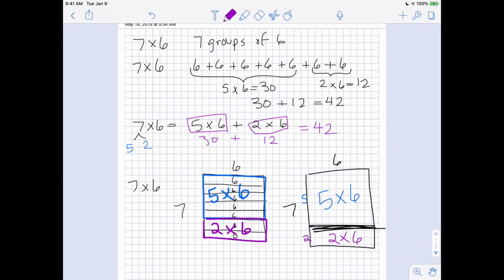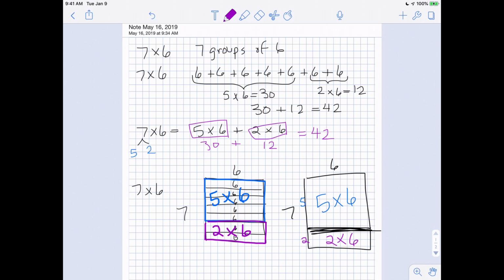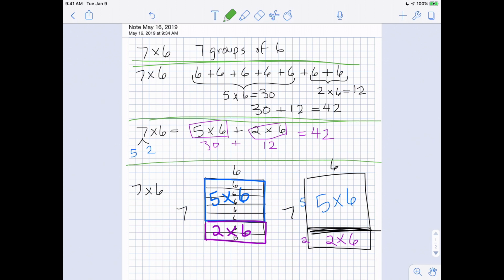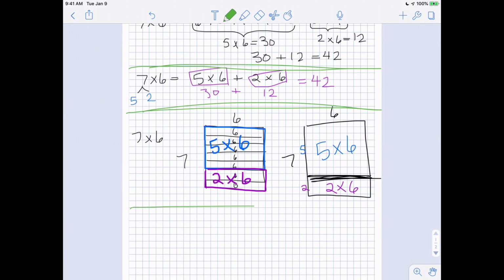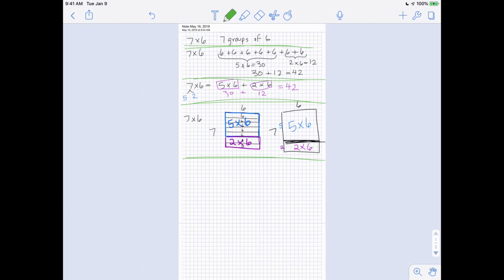So we've got this whole plethora of ways to represent 7 times 6. And what we want is for students to recognize each of these ways of thinking about 7 times 6, 7 groups of 6.